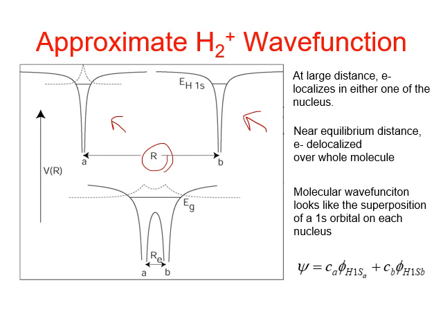When the two atoms or ions approach each other, and the distance decreases, we see a molecular wave function, which is a superposition of the two atomic wave functions. And therefore, we can assume the wave function of the molecule is a summation of the two atomic wave functions. The coefficients are to be determined.